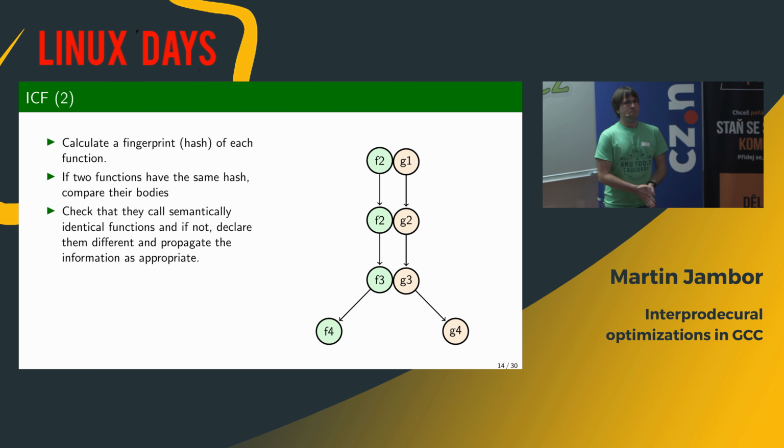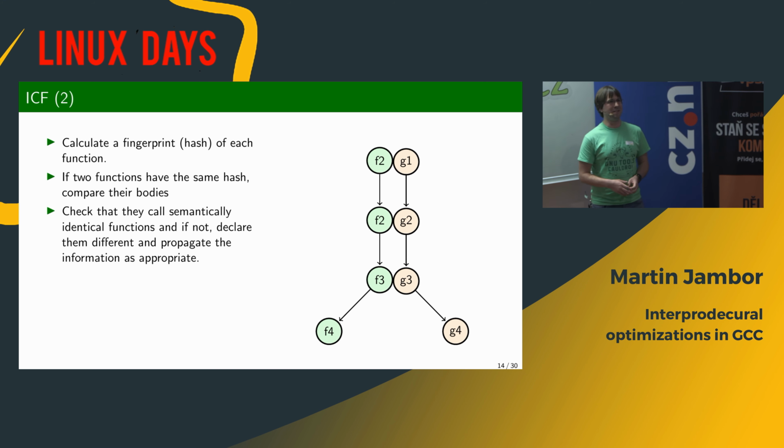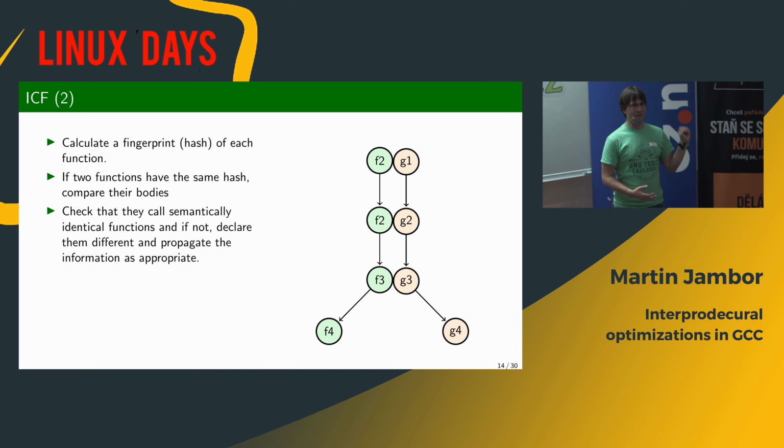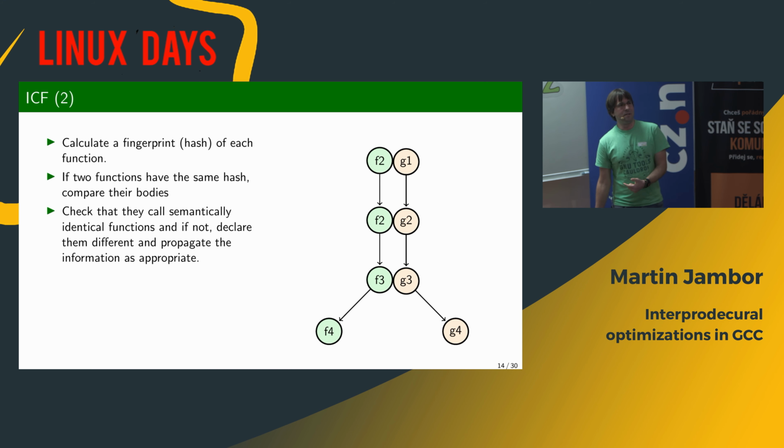The algorithm, again, the details can be quite devilishly complicated, but the overall idea is not that difficult. What happens is that during the compilation phase, we calculate a fingerprint or hash, if you like, of each function. Then if two functions have the same hash, we actually load their bodies and then we compare them in more detail.